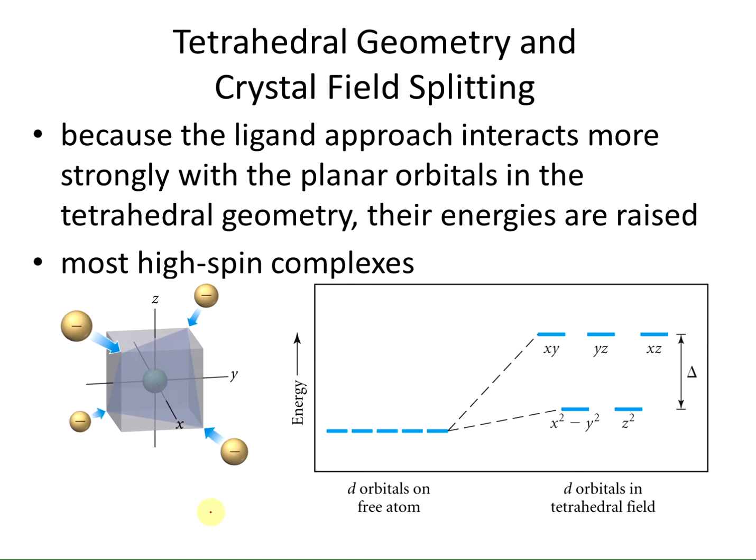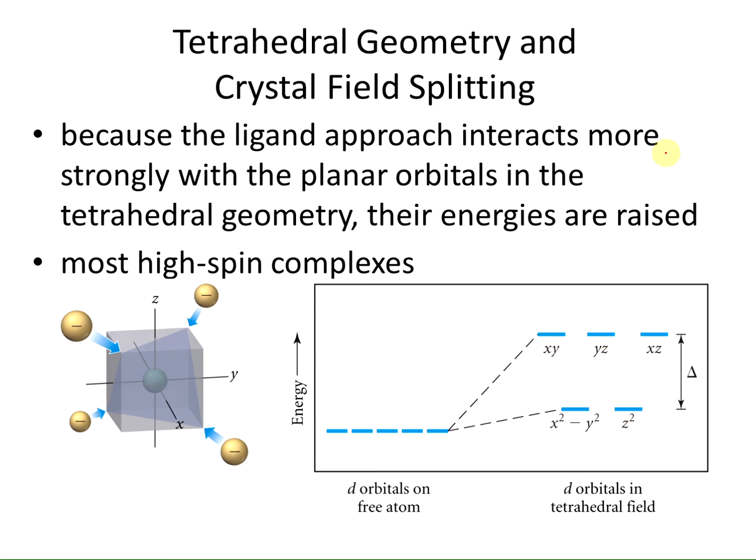Now again, remember we said that if you put the ligands in different geometries, you get different splitting. So this is the splitting for a tetrahedral complex. The x squared minus y squared and the dz squared are lower in energy than the xy, the yz, and the xz.